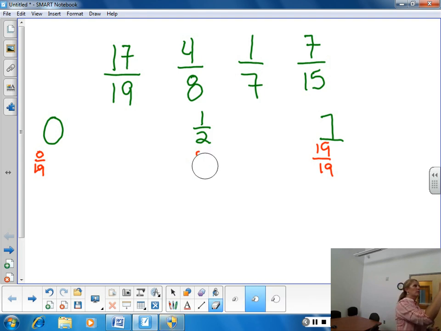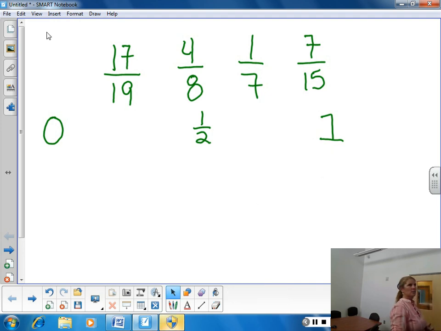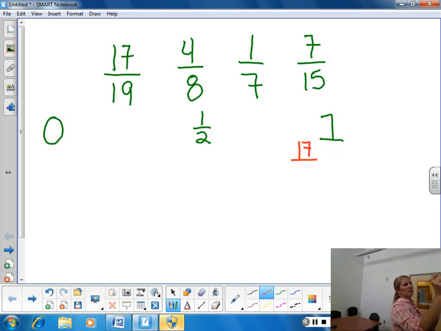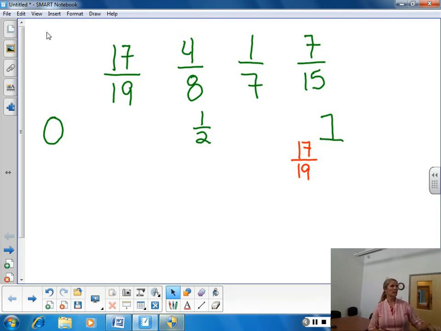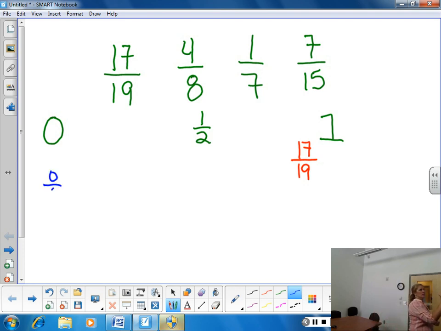So if I look at this, I know it's not close to a half. It's closer over here to 19/19. So I'm going to just put 17/19 over here. I'm not saying it's the greatest right now, but we're getting pretty close to 1. The next one is 4/8. To get 0, you'd have to have 0/8.